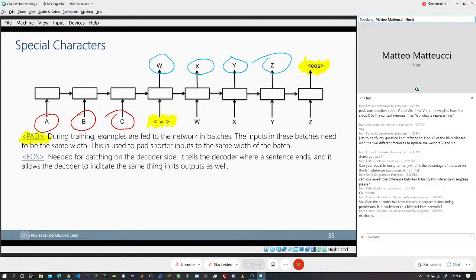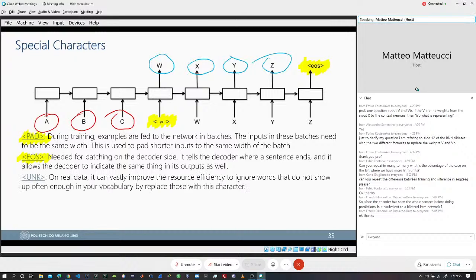And this is how we supervise the ending of the generative approach model. I will discuss this in the second part of today's lecture.